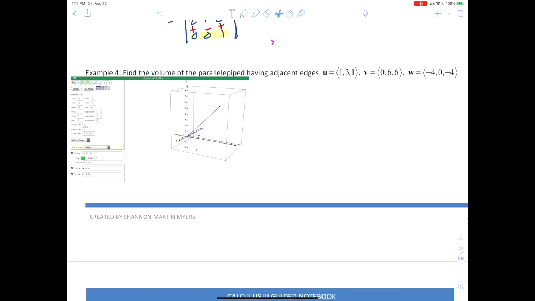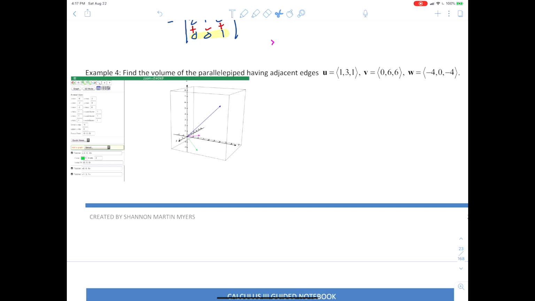Okay, so that's what the vectors look like, and what happens is you can draw in this whole parallelepiped. All right, but let's find the volume.